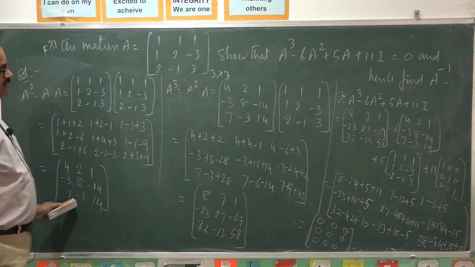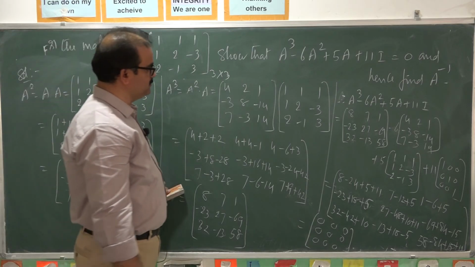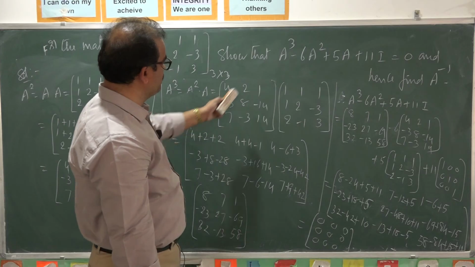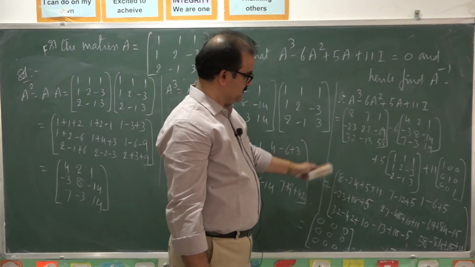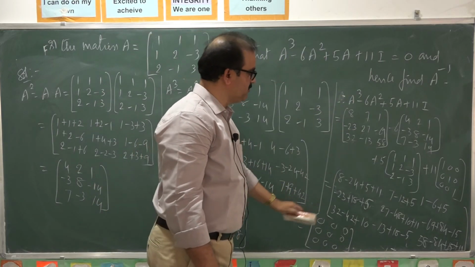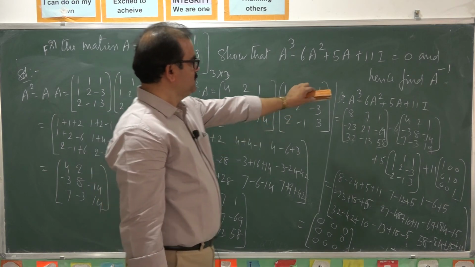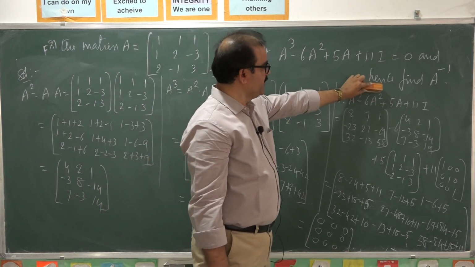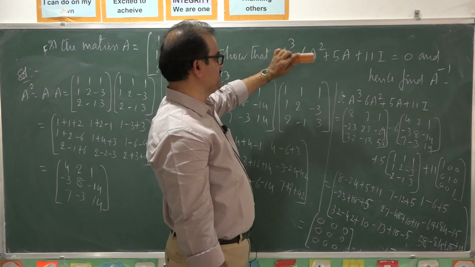First you find A square value and then A cube value. Substitute this A cube and A square in LHS. You get a 0 by 0 matrix. Next, we want to find A inverse from this equation.